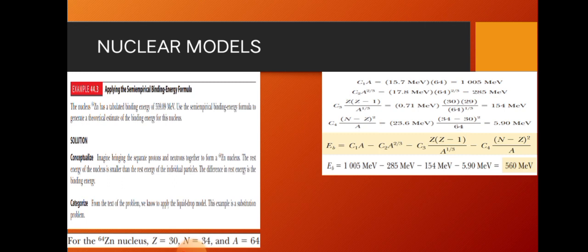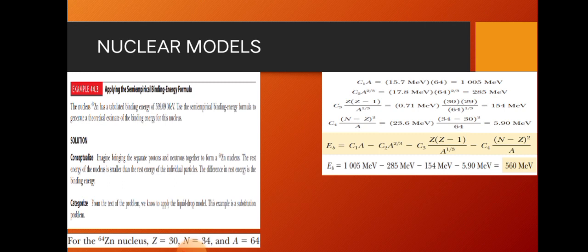In order to solve C1A, we multiply 15.7 MeV, which is C1, and A, which is 64, and this gives us 1005 mega electron volts. In order to solve C2A raised to 2/3, we substitute our value for C2, which is 17.8 MeV, multiplied by our A, which is 64, raised to the exponent 2/3, and this gives us 285 mega electron volts.